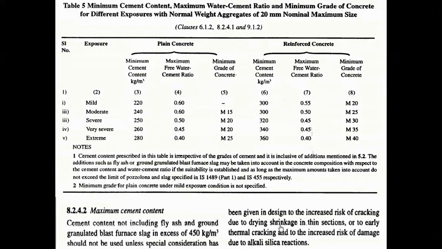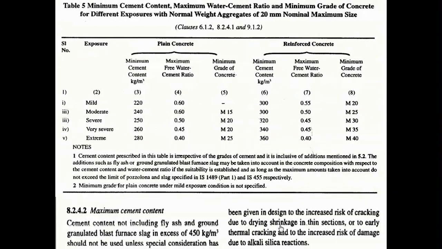For severe condition, the minimum cement content should be 320 kg per m cube. It should not be less than 320 kg per m cube. When we do the mix design, you will get to know; I will explain once again there.